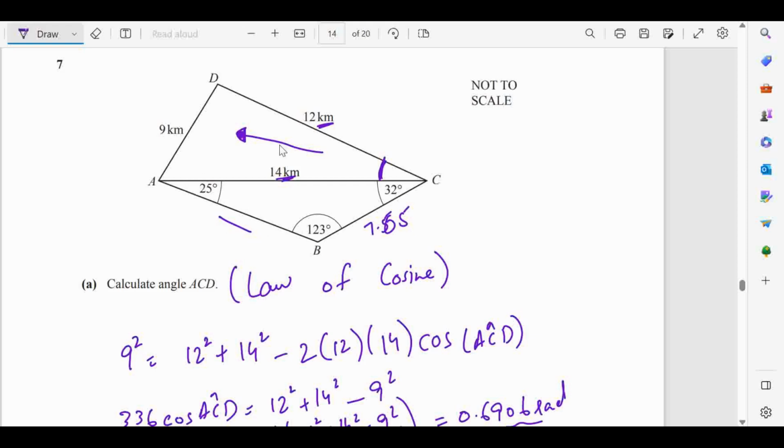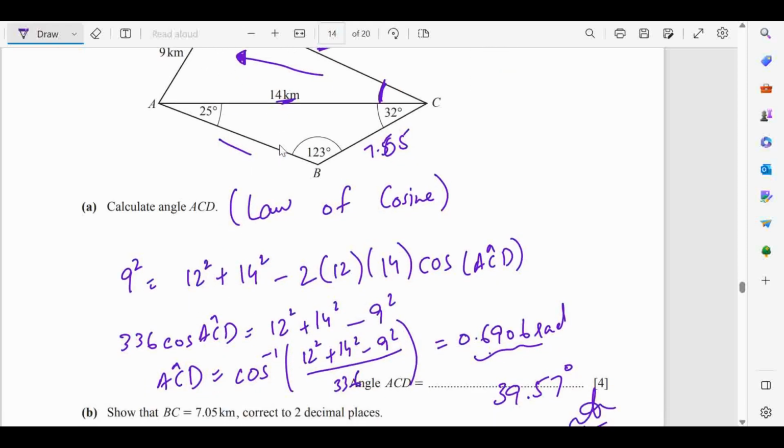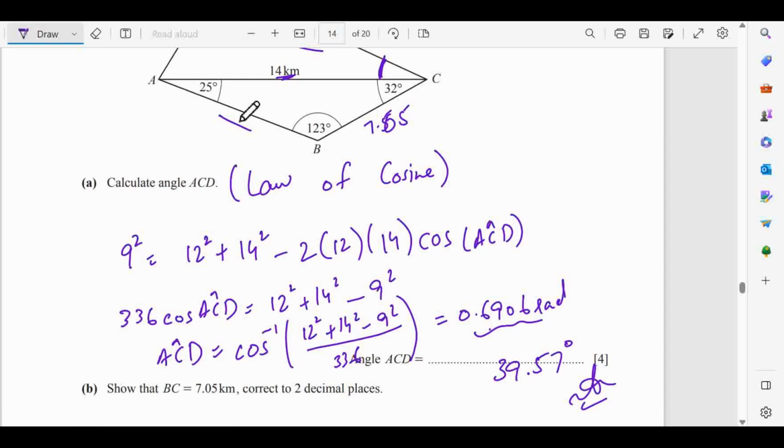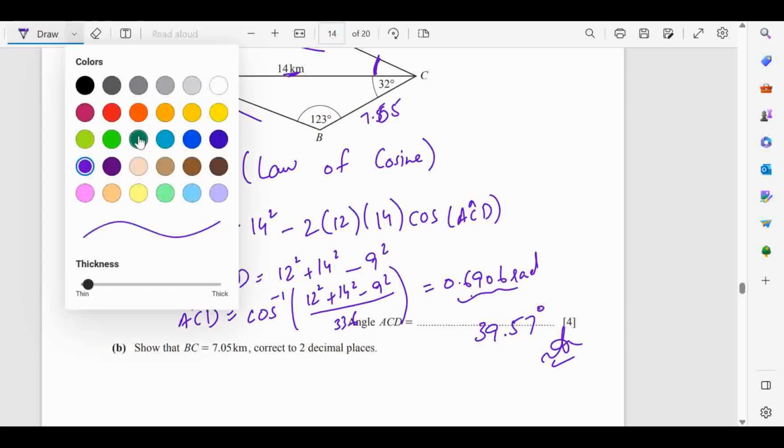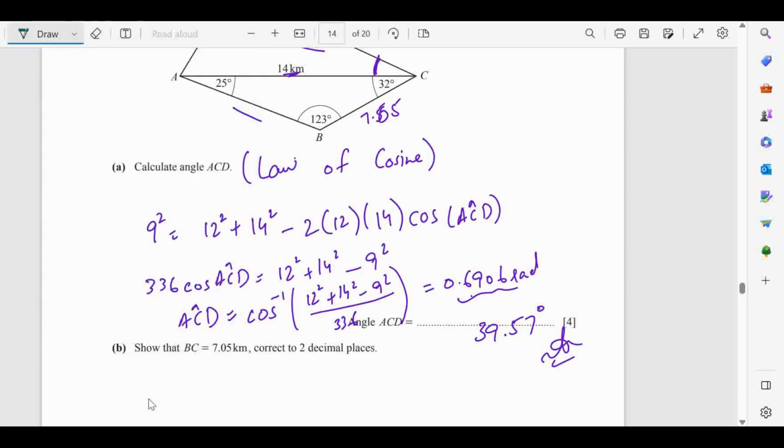So if we use the law of sine, this will become sine of angle A divided by the opposite side, that is BC, equals sine of 123 degrees divided by the opposite side, that is 14.